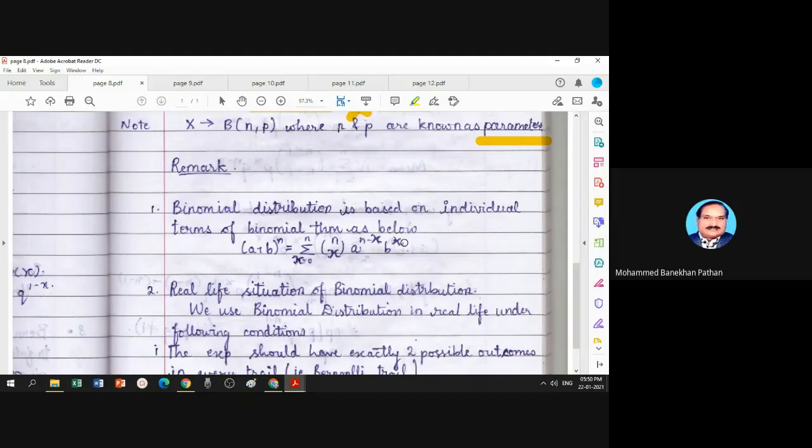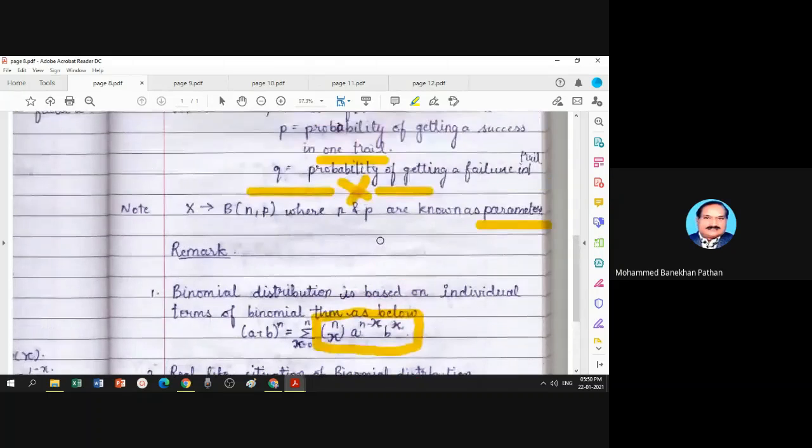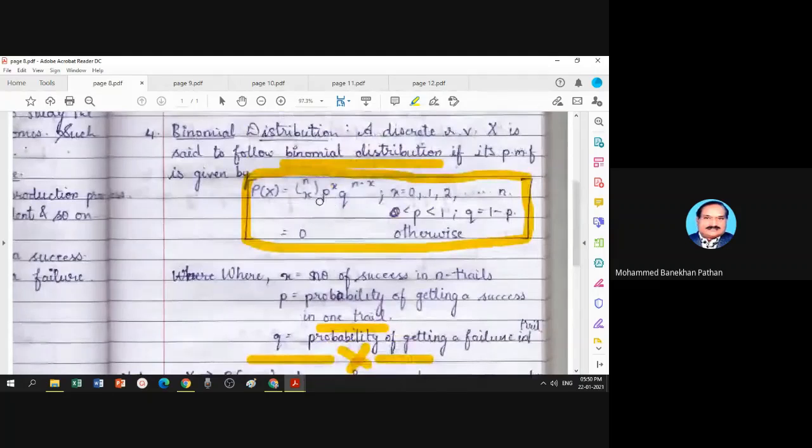Doesn't matter, the expression will remain the same. So this is nothing but your binomial theorem. If I take only this much as a general term of the expansion, this is nothing but your binomial distribution: n choose x, p raised to x, q raised to n minus x.